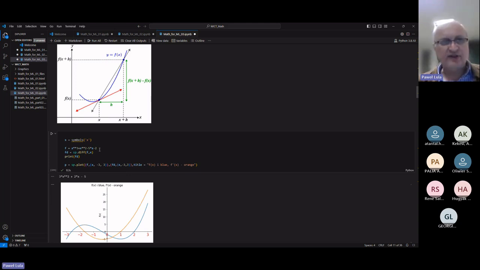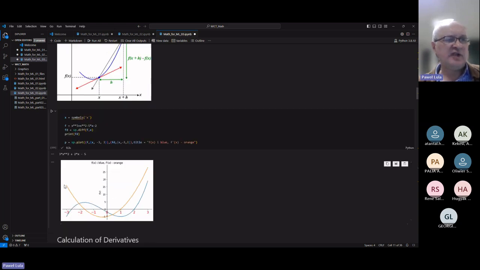Here we have a very simple example. We have a function f, x to the third power plus x to the second power minus 5 multiplied by x minus 2. So this function is here. And in this graph we see this function.